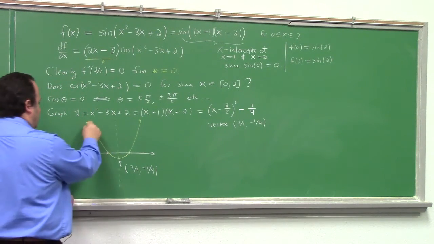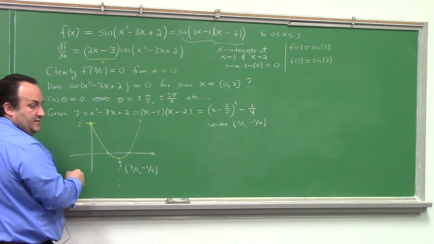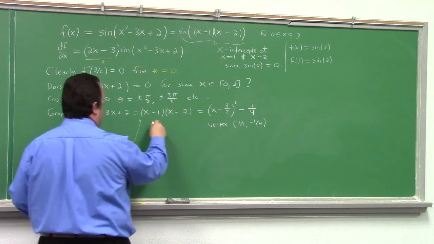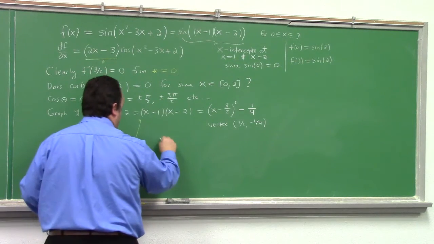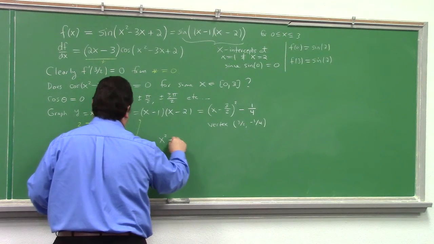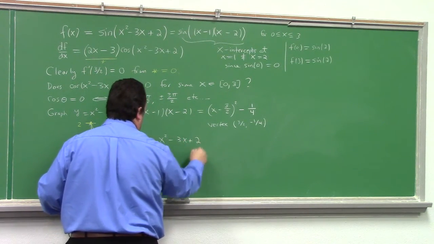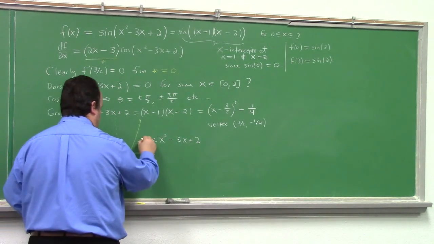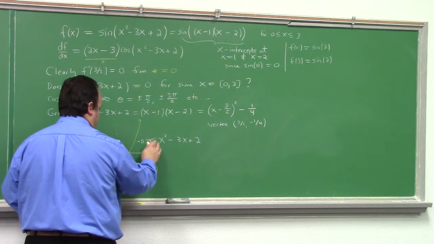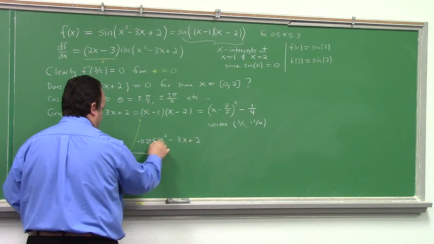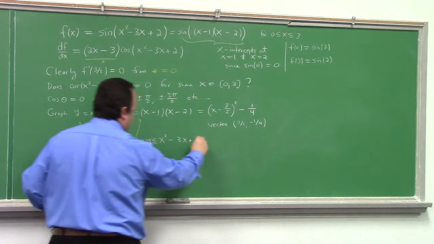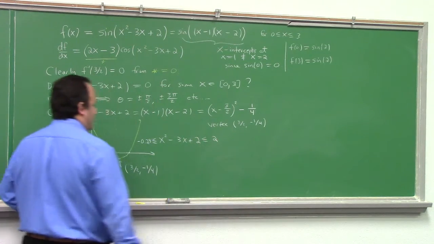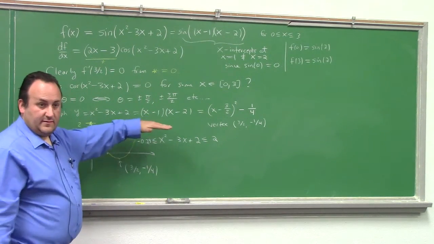So this is 2. So basically, this answers the question. Apparently, x squared minus 3x plus 2 ranges between minus 0.25 at the vertex, up to 2 at its highest point.